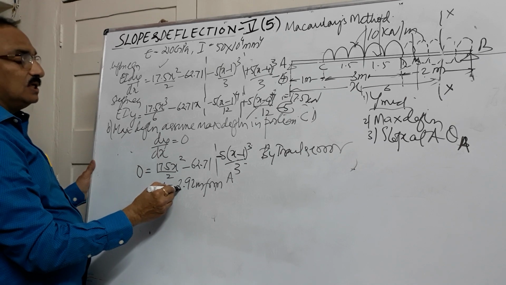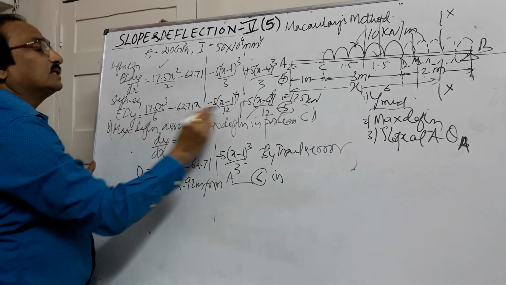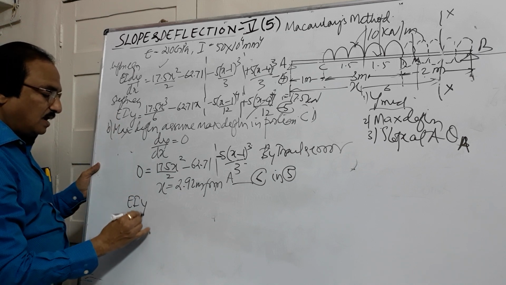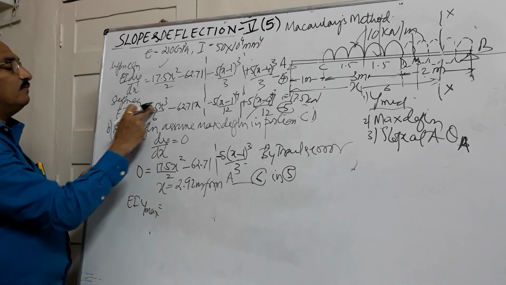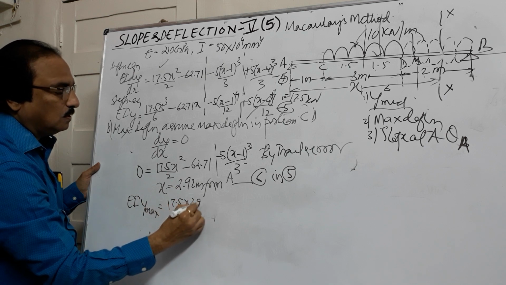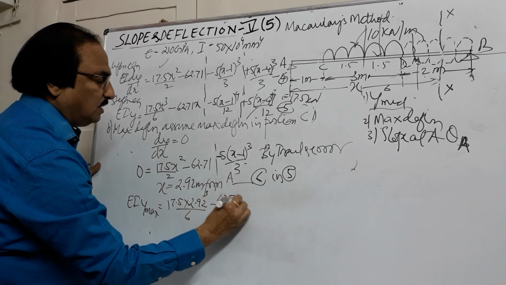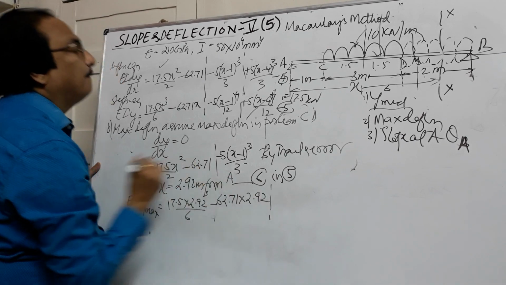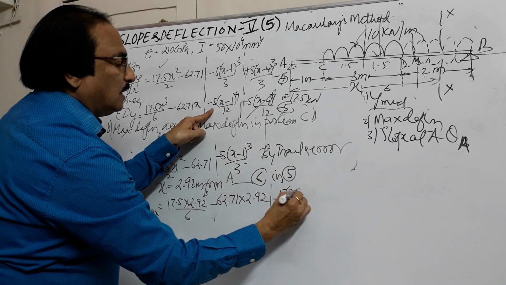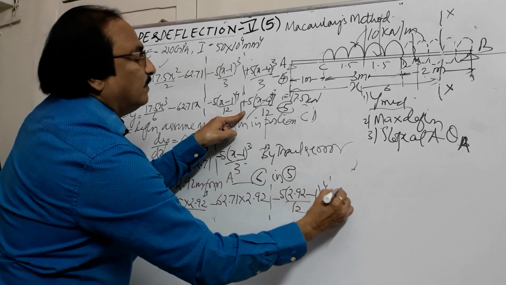So now let us substitute this value of x in the deflection equation to find the maximum deflection. So we get EI y max equal to 17.5 into 2.92 cube divided by 6 minus 62.71 into 2.92 minus 5 into (2.92 minus 1) raised to 4 divided by 12 plus 5 into x.